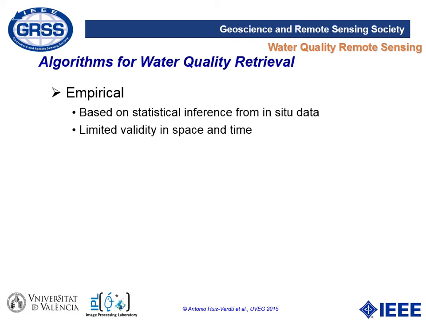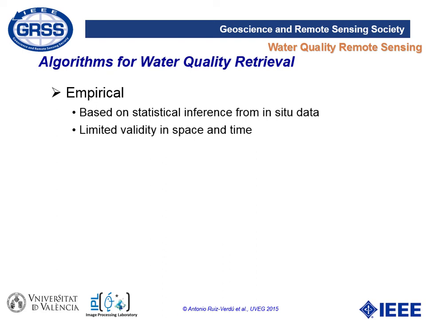That means that we measure both the reflectances and the concentrations of the given constituent in water, and we obtain a statistical relationship between both through, for example, linear or nonlinear regressions, and we obtain a mathematical model correlating the concentration of what we want to study and the reflectance.